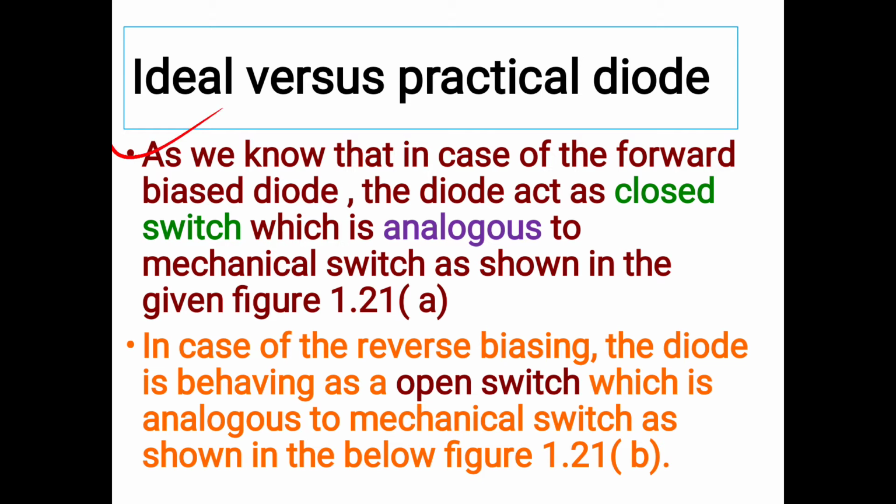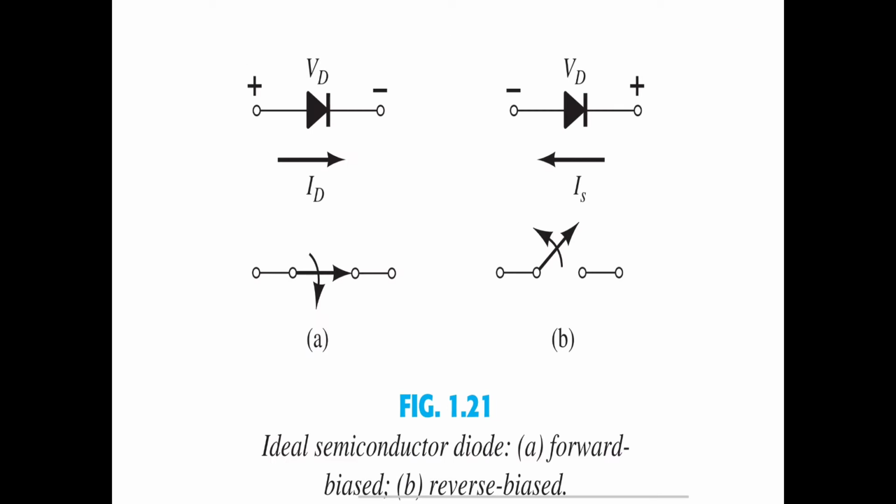In case of forward biasing, as we know, the diode acts as a closed switch, analogous to the mechanical switch as shown in the given figure 1.21a. Now let us compare this figure. This figure is for the ideal semiconductor diode, and figure A represents the forward bias diode.